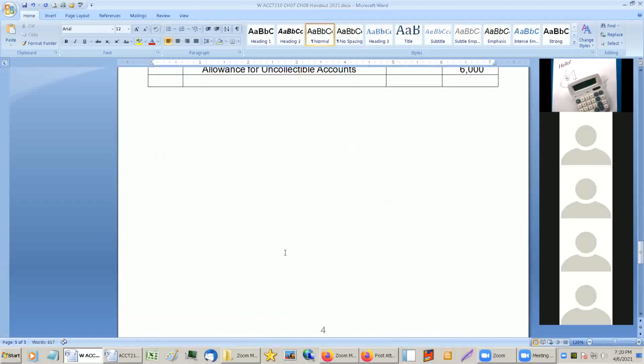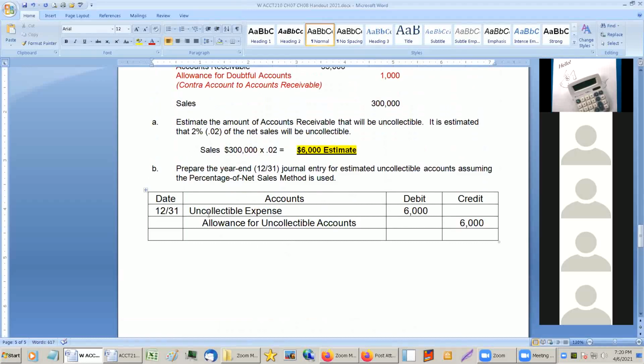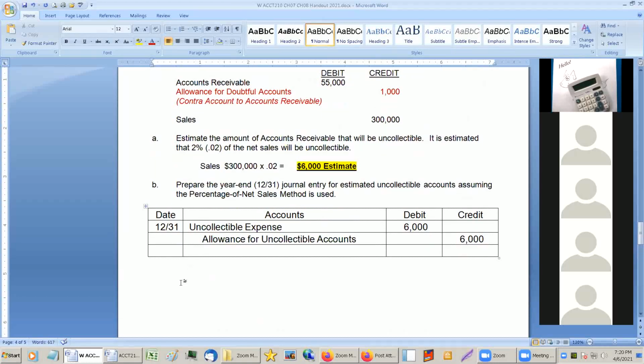And I should have put a T account in here, because it looks sort of like this. I'll make a T. These are probably terrible. Accounts receivable.